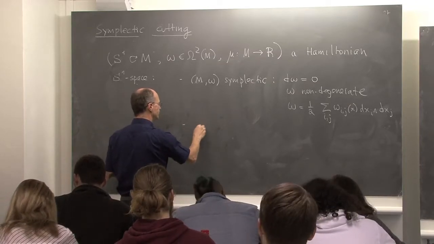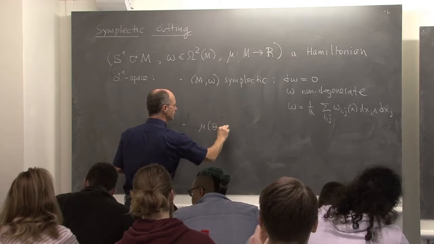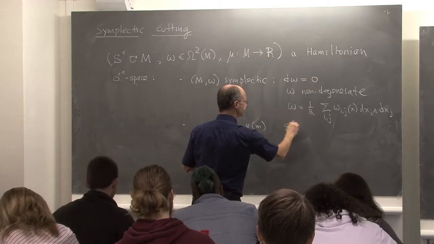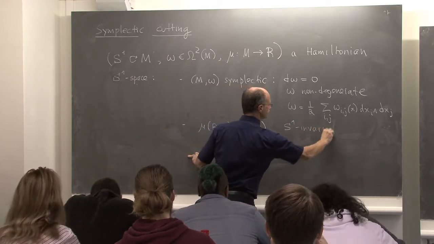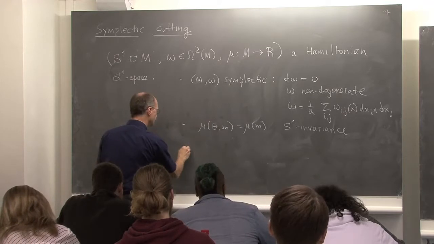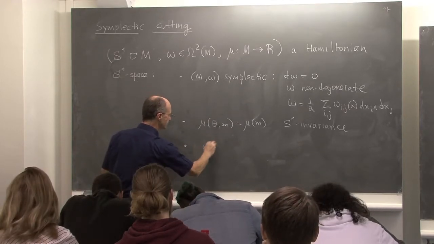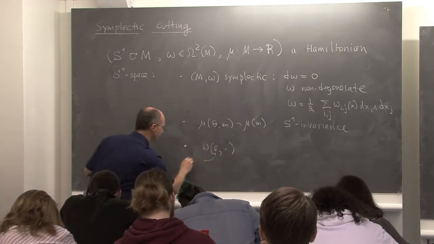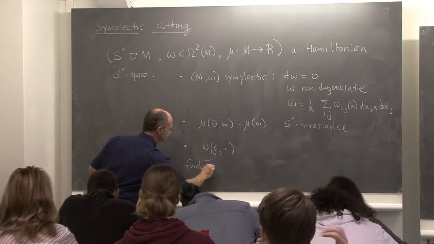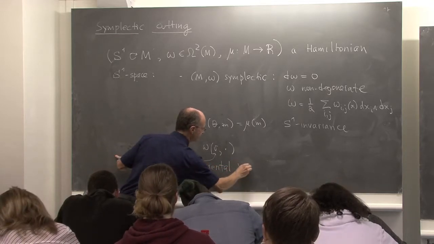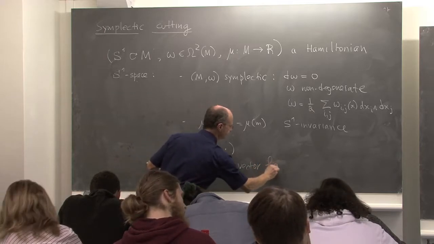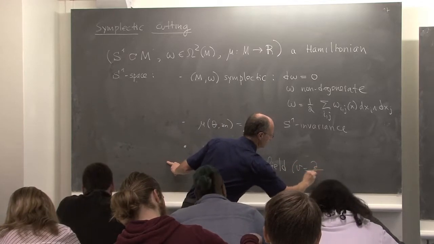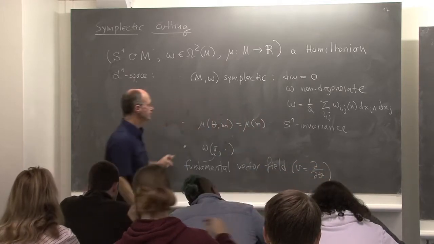So in this case, this would mean mu is S1 invariant. And this would mean that if you compute omega on the fundamental vector field induced by the action, so we can perhaps informally say it in the following way.